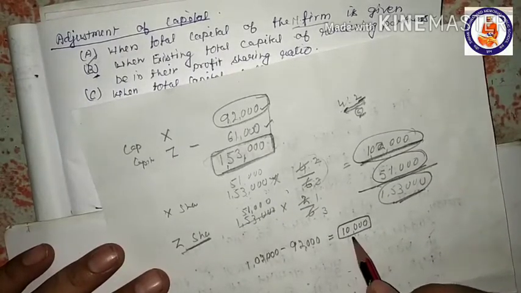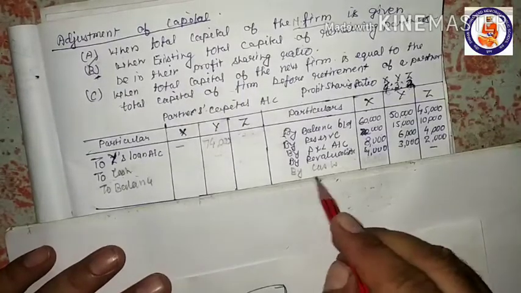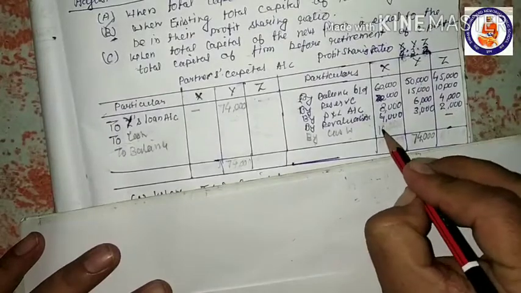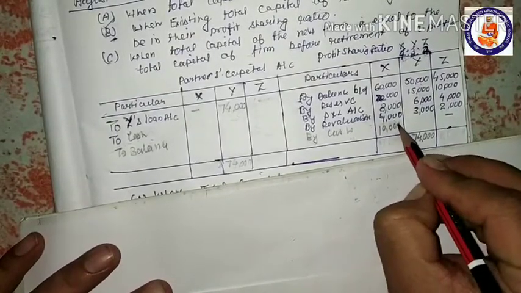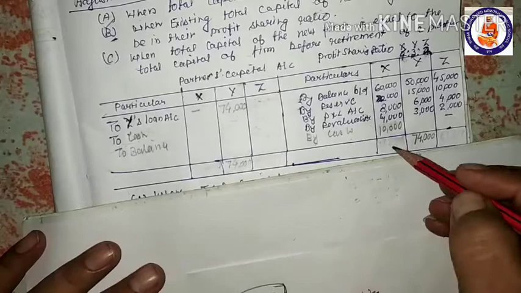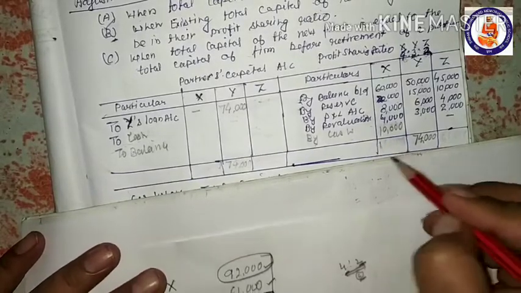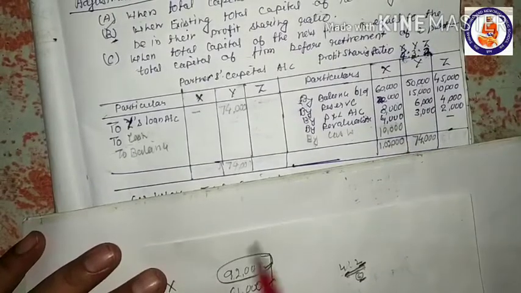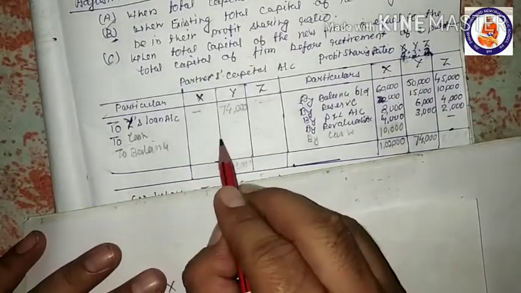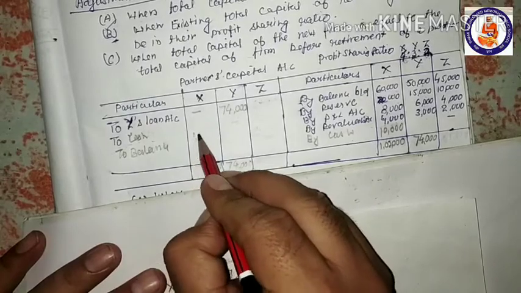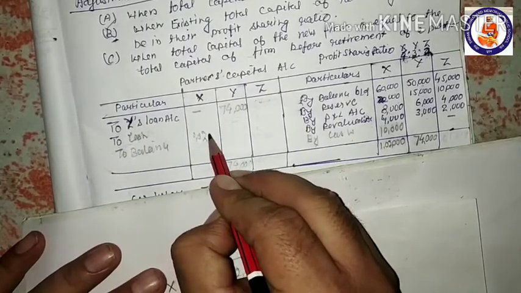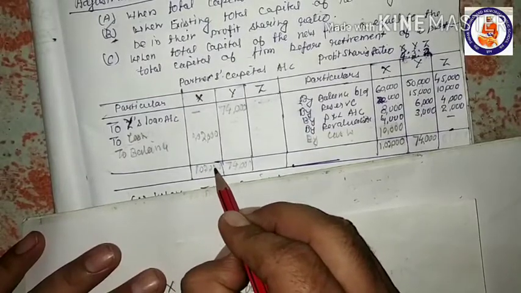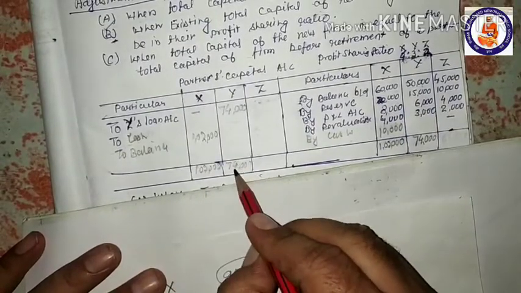So he will bring 10,000 rupees into the business. Cash account is debited 10,000, and his capital will become 1,02,000. His balance will be 1,02,000 rupees, and we will put 1,02,000 here.